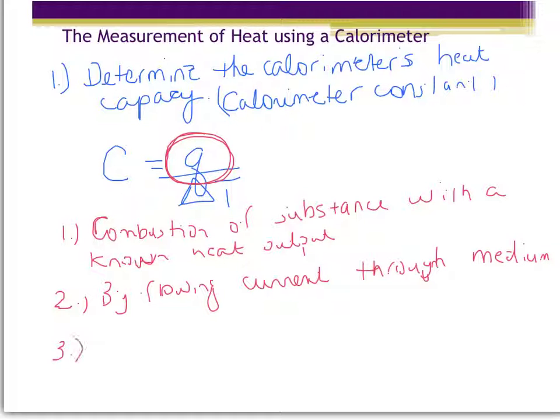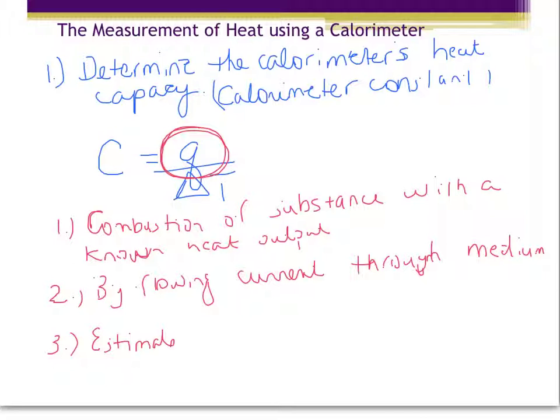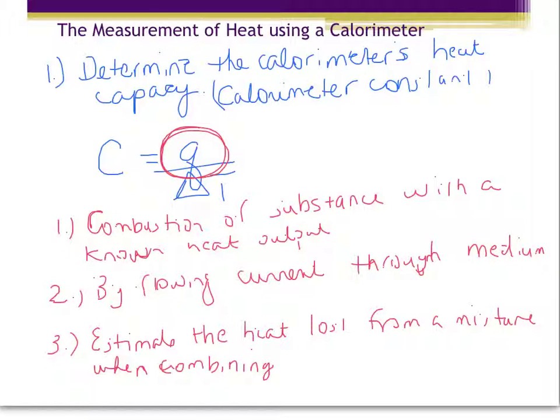The third is the way that we've done in lab, which allows us to estimate the calorimeter constant by estimating the heat lost from a mixture when combining substances at two different temperatures.